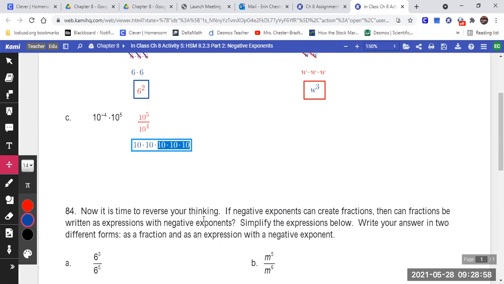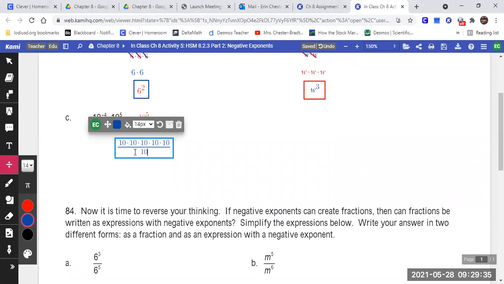All of this highlighted and being divided by what? 10 times 10 times 10 times 10, 4 of them.